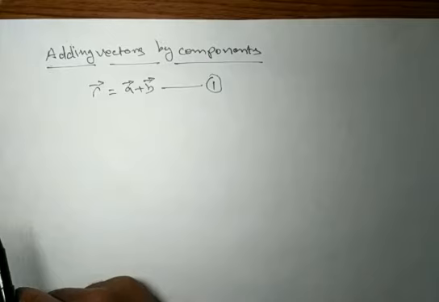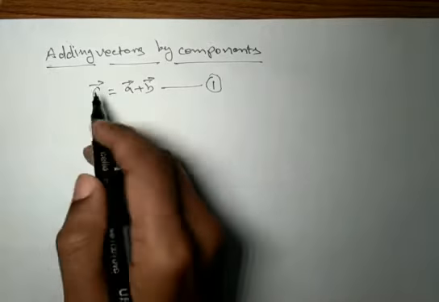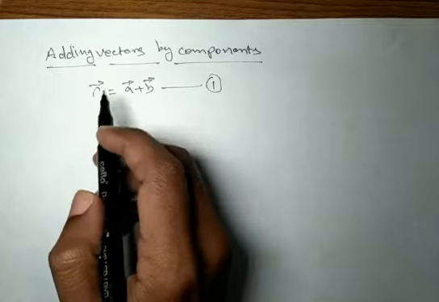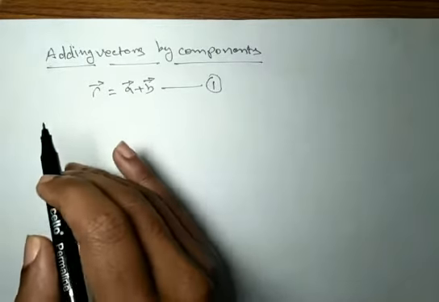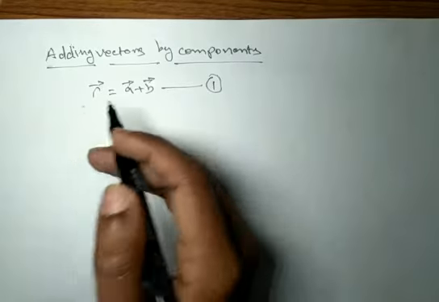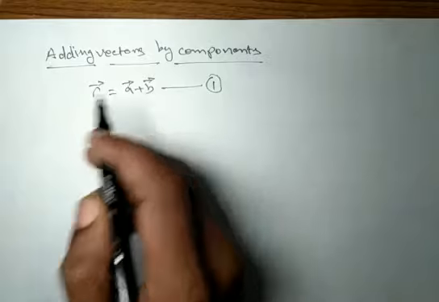Therefore, we can say each component of vector r must be the same as the corresponding component of vector a plus vector b.